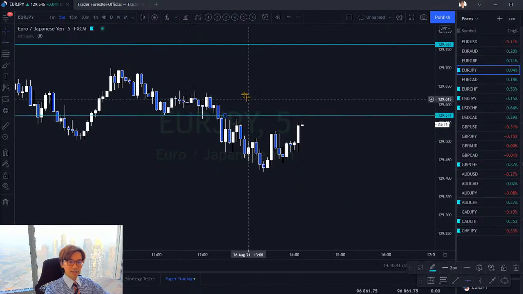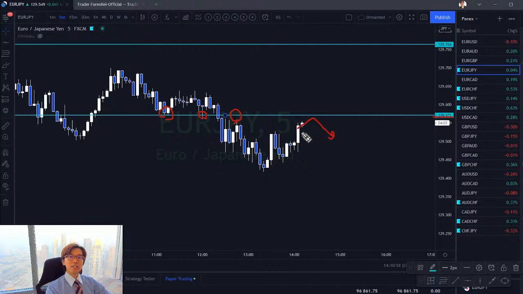there is a line that we can draw. This is previous support, and also previous resistance was here. So once the market touches this level, 129.57, it might retrace backwards. That means if you buy right now, if it breaks upwards, then you get some pips, but it might retrace backwards because of this reason.